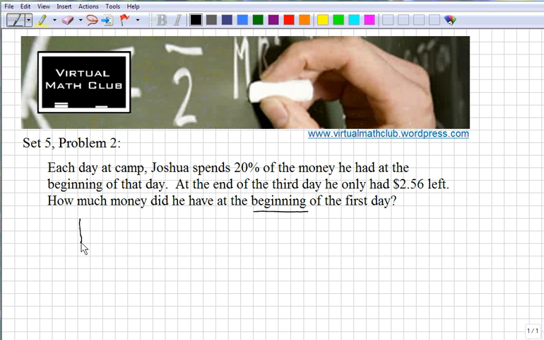in the days. So let's say I draw a few calendar days here. So this is day 1, day 2, day 3. And we're given that he has $2.56 at the end of the third day. Okay?